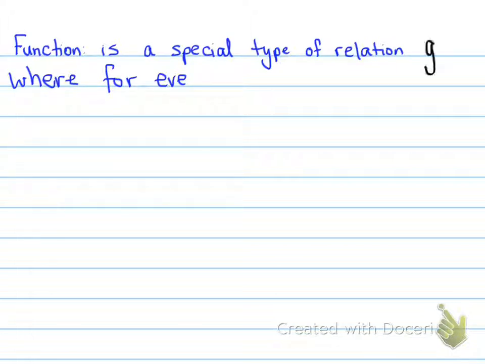So let's look at the definition. All right, so a function is every graph, every relation, every table of values, all of those things. So for every x, there can only be one y.